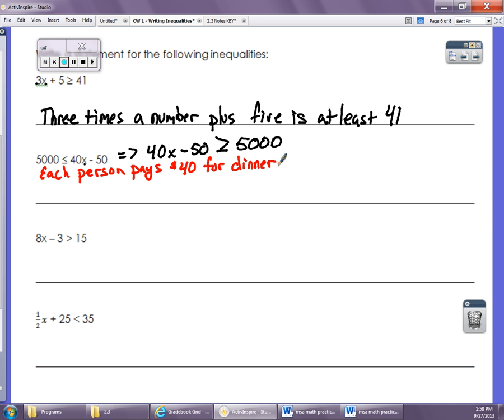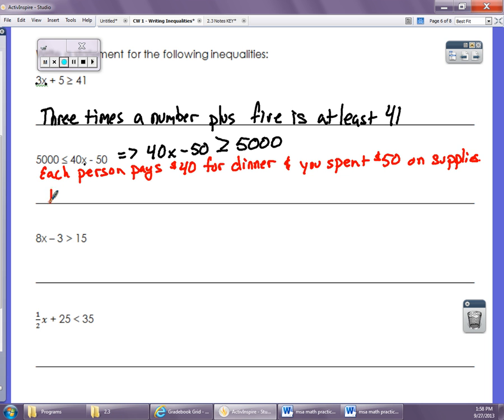And we also are having a party, so we spend a total of $50 on supplies. So we're charging people to come to our dinner, $40 for the dinner, we spend $50 on supplies, and we want to make a profit that's more than $5,000.